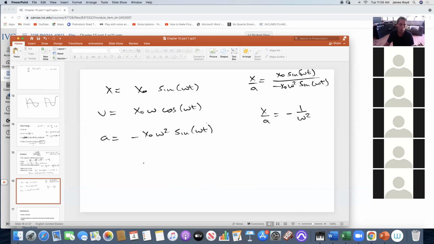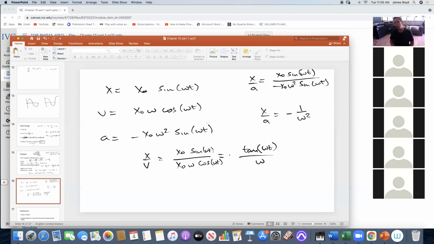And what if we did X over V? We will get X naught sine over X naught omega cos, which gives us tan of omega t over omega. So I should put omega t's here.